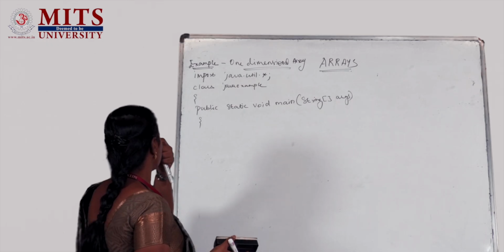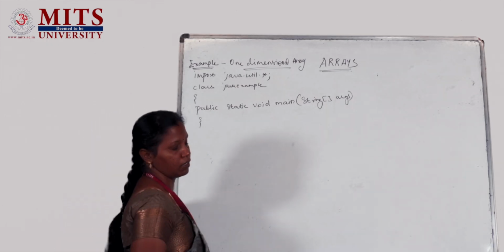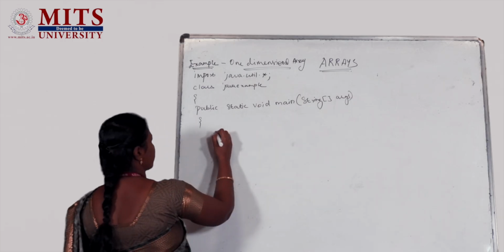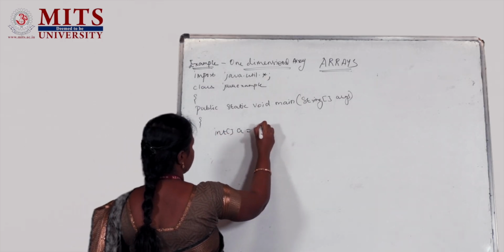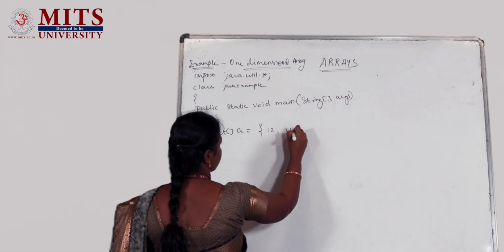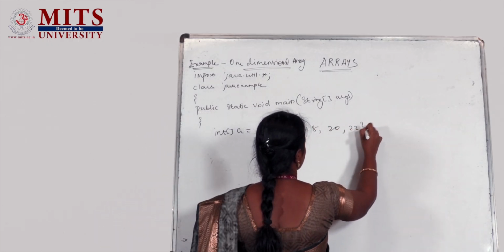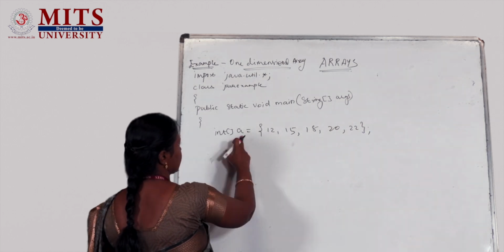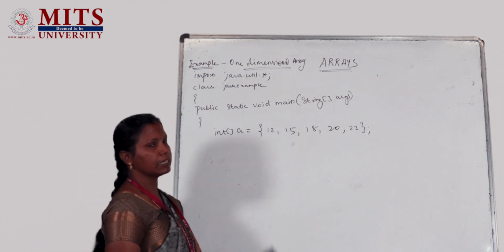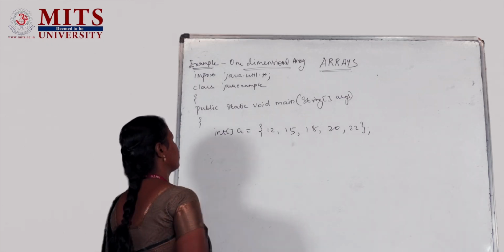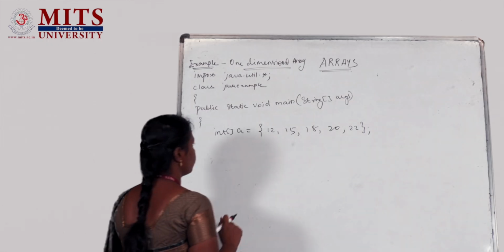First we have imported the header file, created the class, and created the main function. Inside the main function, I'm going to directly create a one-dimensional array. This is a one-dimensional array where A is the name of the array. It consists of totally 5 elements, so the length of the array is 5, whereas the index starts from 0 to 4.